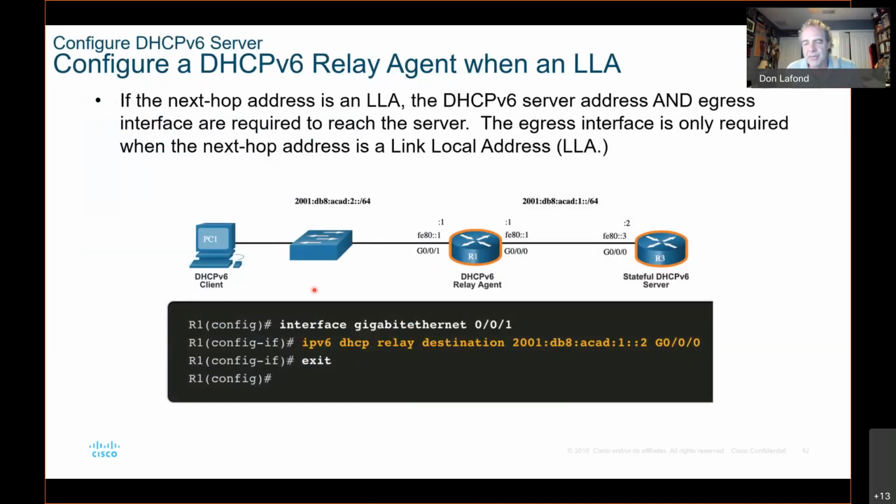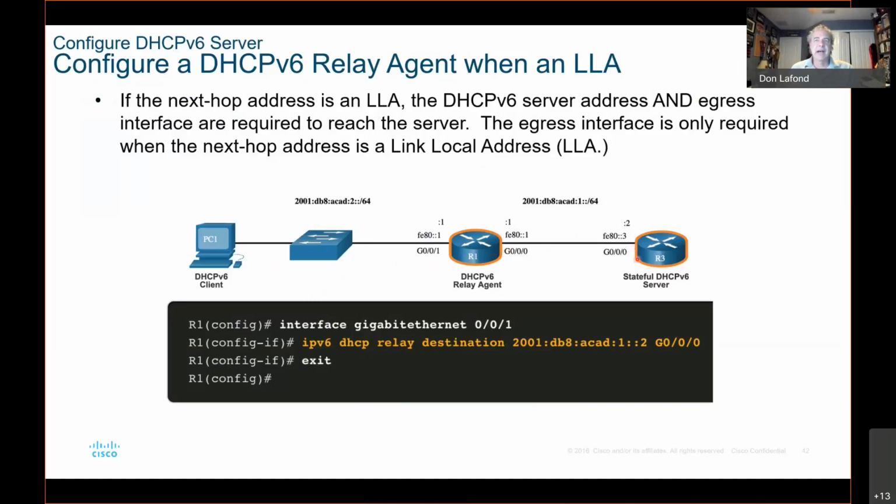We talked about this before when we talked about configuring static routes. You can set the exit interface, the next hop IP address, or both for a fully specified route. That's all they're saying here.